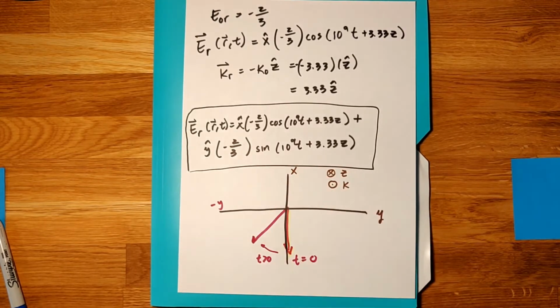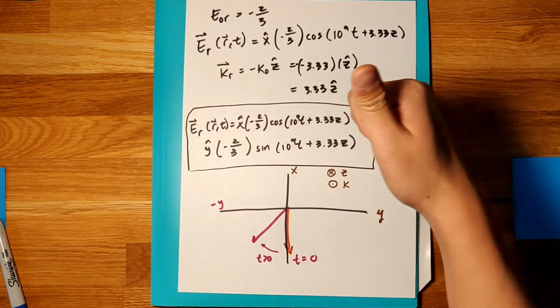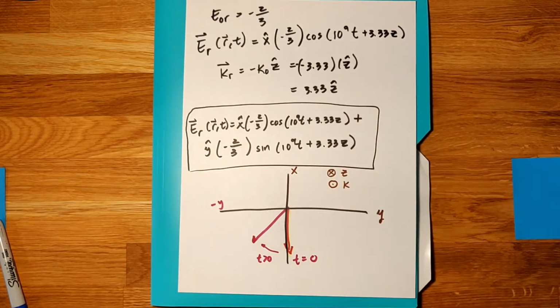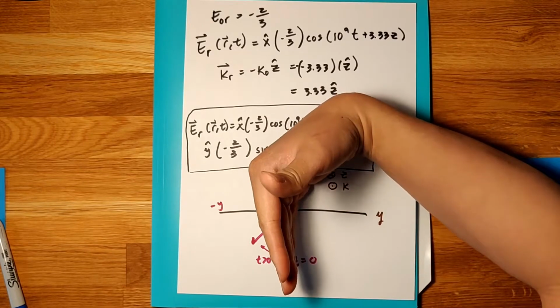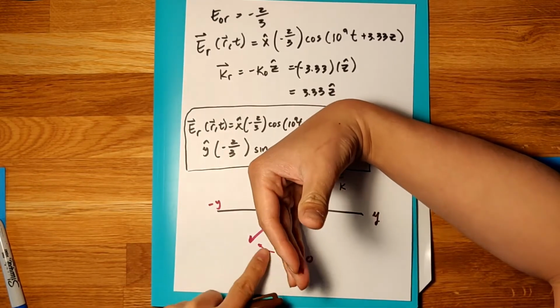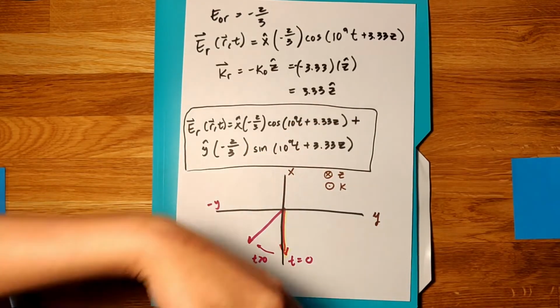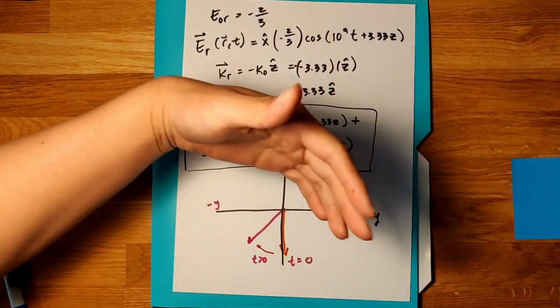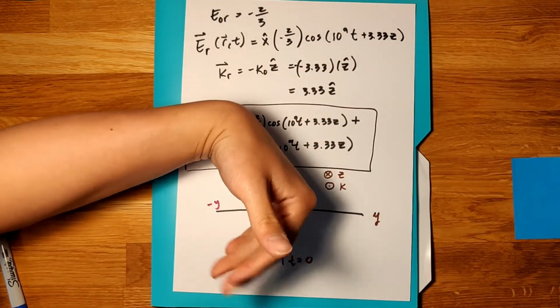So now we simply just use our right hand or left hand depending on which one will fit this diagram. So let's just start with our right hand first. So my thumb points in the direction of k, and then I'll lay my fingers on the E1 and then curl. And that is not the way that we want it to curl. We want it to curl the other way, which means it has to be a left hand. So again, using my left hand, my thumb points at k and curls.